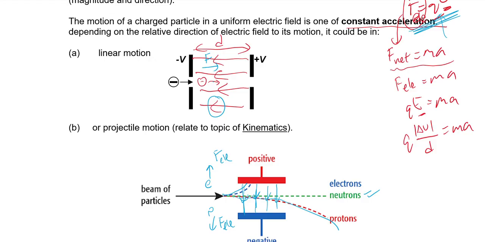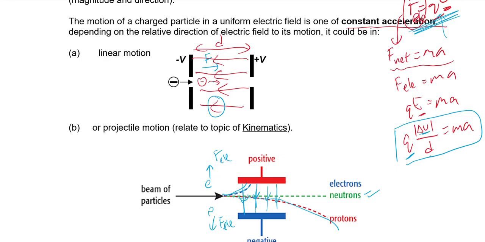Then the next question will be, why does the electron move so sharply upwards and the proton moves more slowly downwards? The answer lies in inertia. If you look at the proton, the proton is much more massive than the electron. So if I look at this equation, which applies to this case as well vertically, you realize that the Q for proton and electron is the same because they have the same elementary charge.